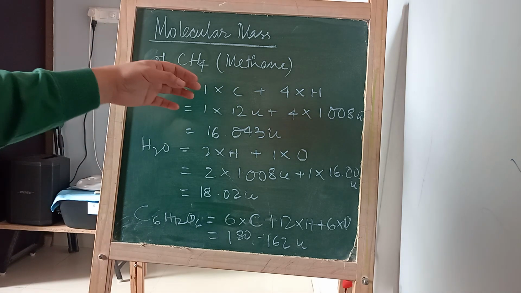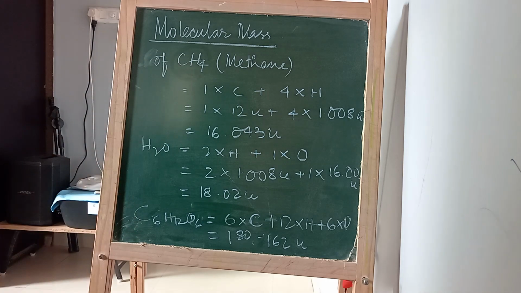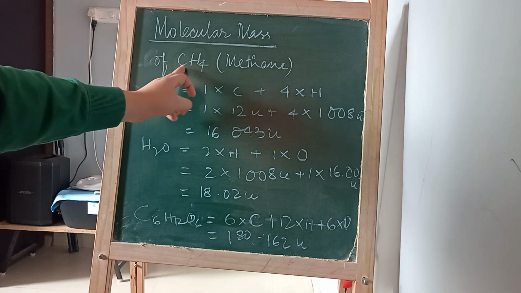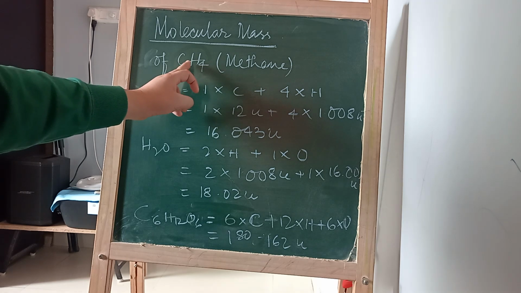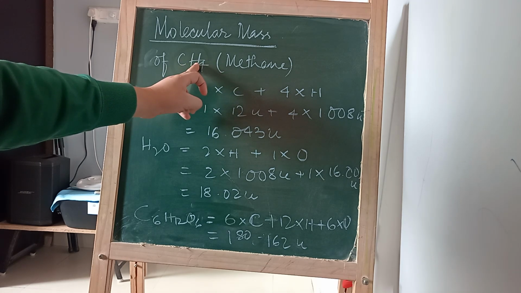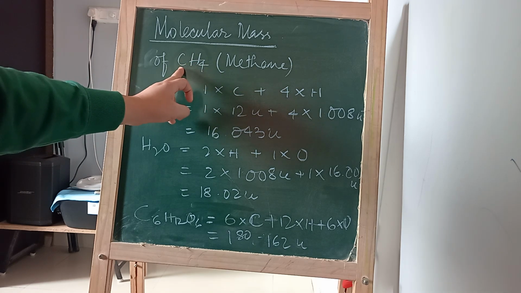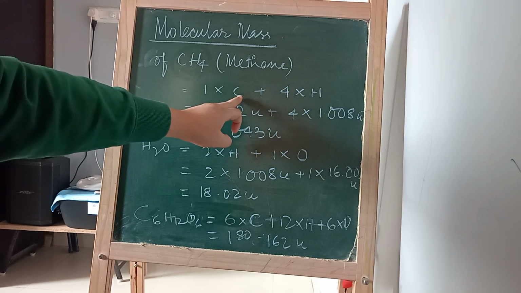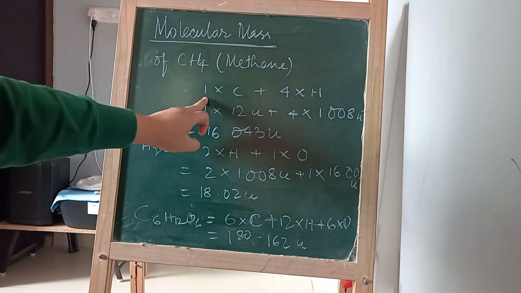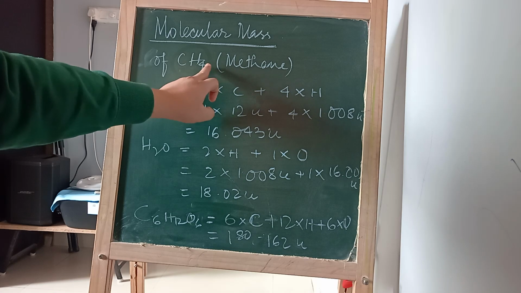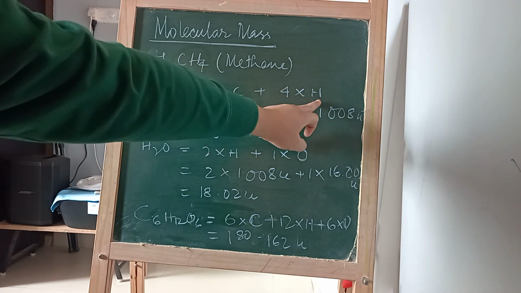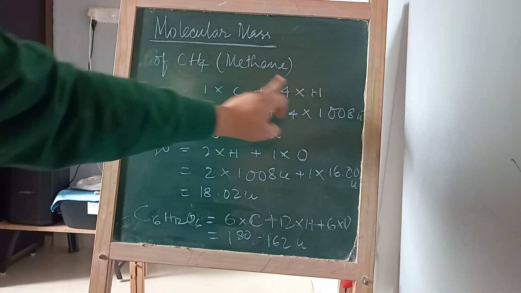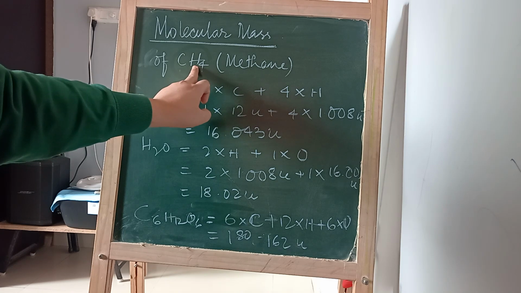So for example, if you want to calculate the molecular mass of methane, there is one carbon atom and four hydrogen atoms. So we will multiply the atomic mass of carbon by 1, and add it to the atomic mass of hydrogen multiplied by 4, because there are four hydrogen atoms.